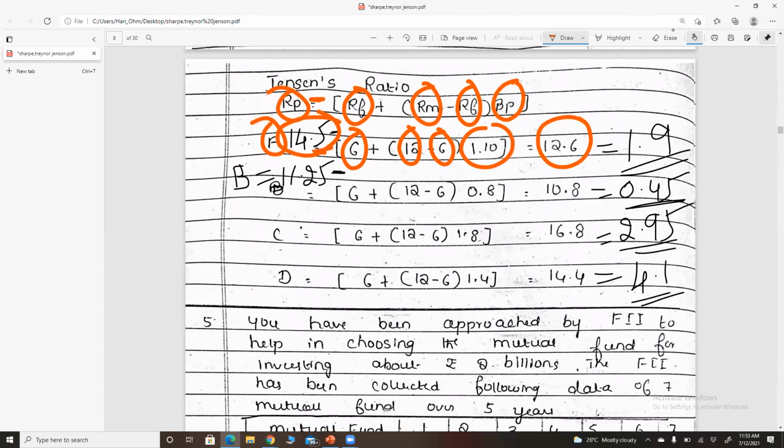So the answer is not 12.6; actually, you get 1.9. You just calculate the right answer. You get 1.9. Like that, calculate for B. 11.25 is the return of the portfolio, that is Rp, minus Rf, that is 6.